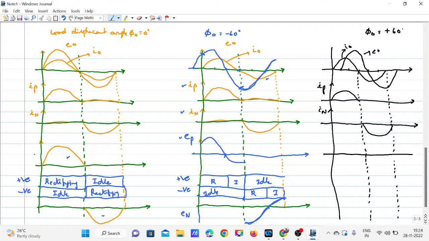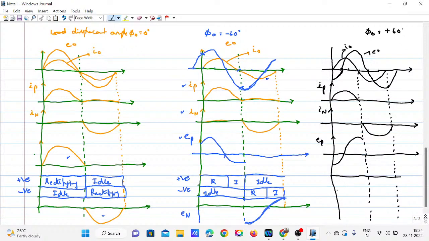Now how to draw this? Same thing from here, maybe it is from here like this. So now it is like this, like this, like this. This is EP. Negative thing is not there.